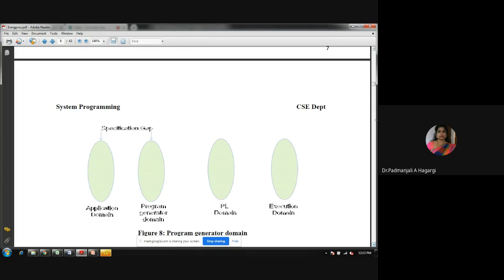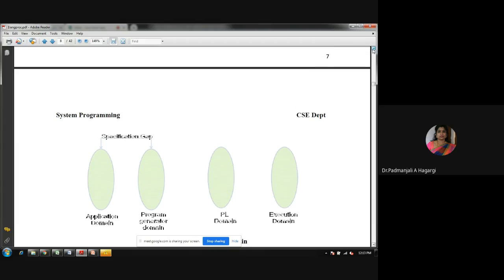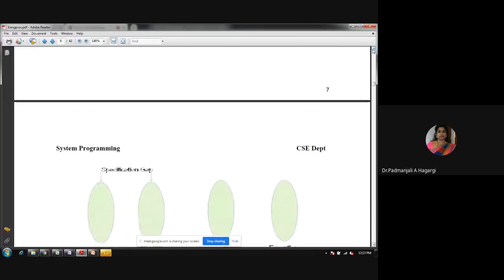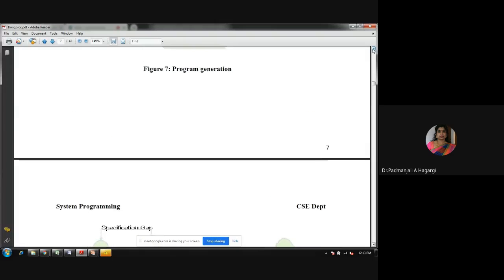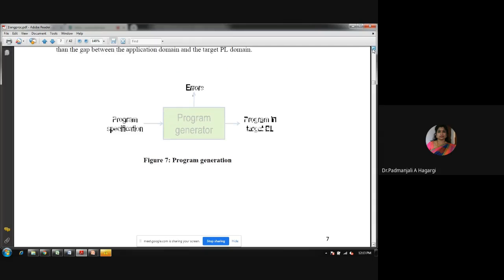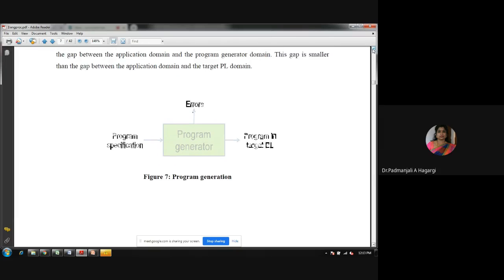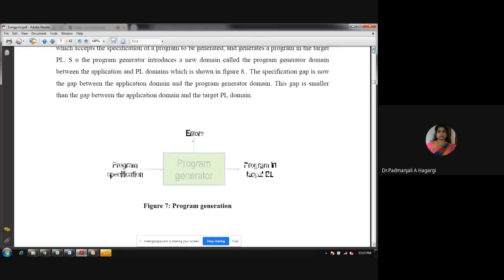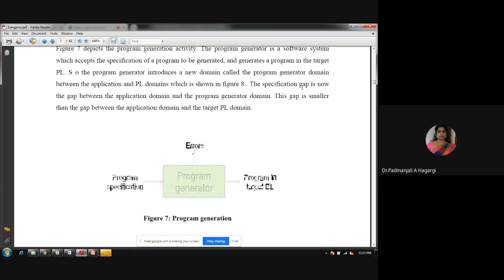So why is the gap not bridging from the specification domain to the execution domain? The specification gap is now the gap between the application domain and the program generator domain.